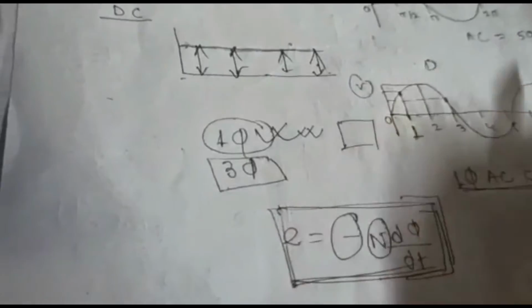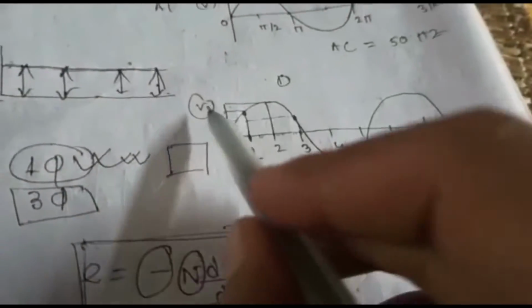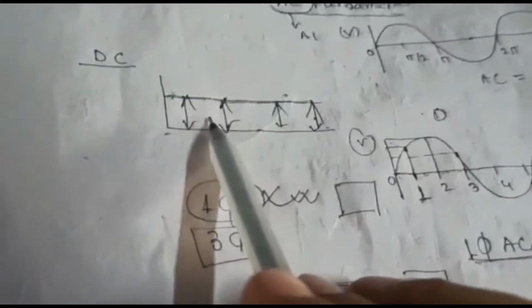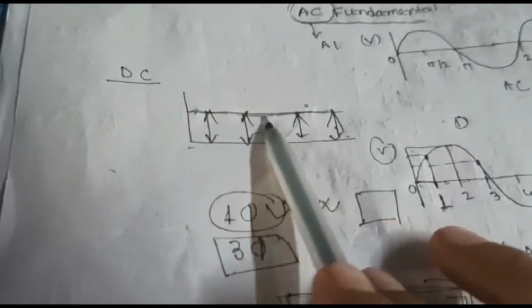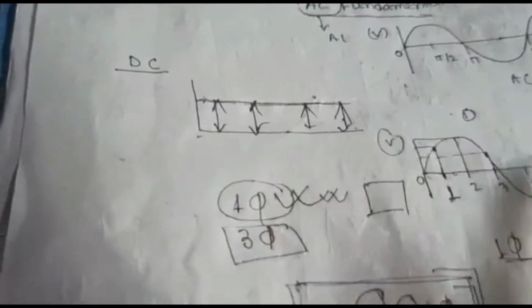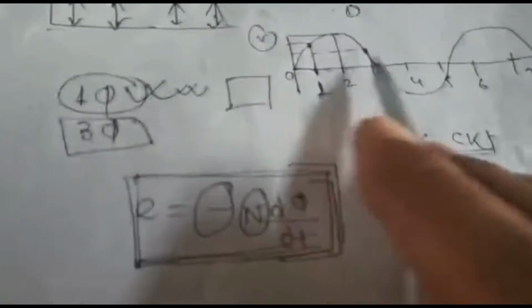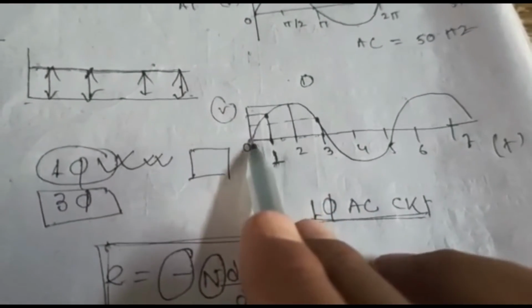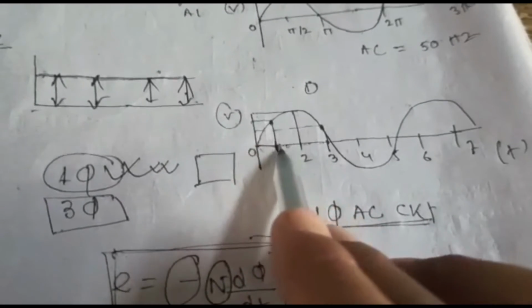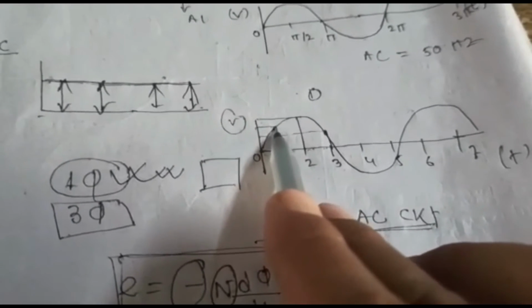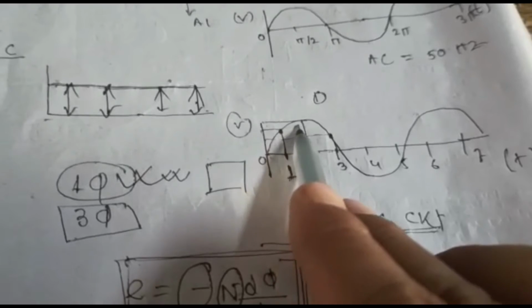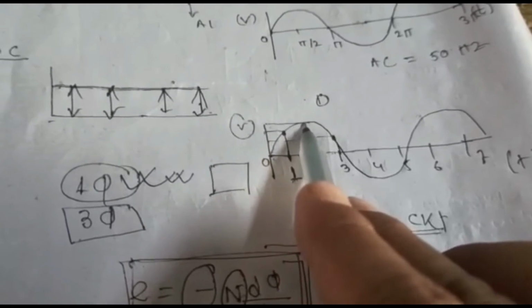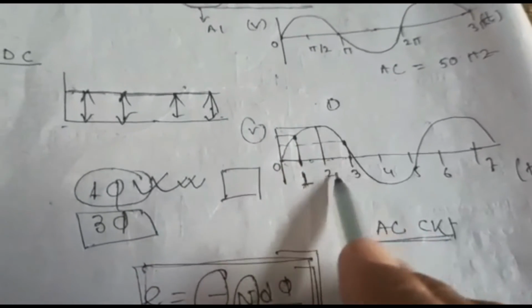This value is called instantaneous value. But in DC the value is overall constant, so there is no instantaneous value and no change of value. In an AC signal the value changes from 0, increases, reaches the maximum point, then decreases. So we get a specific value for each and every portion.